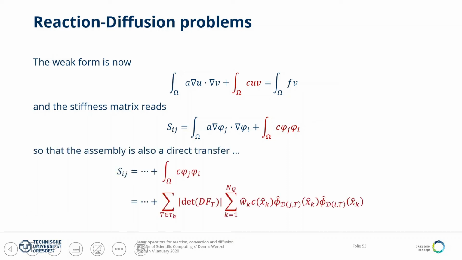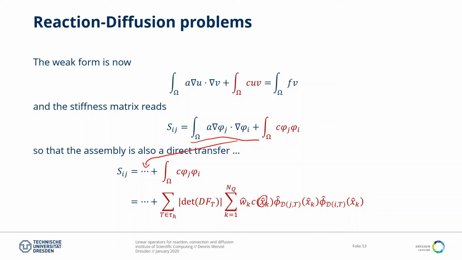And that assembly is also a direct transfer. So the first part that comes from here, that just stays the same as before. So I haven't noted this again. But then if you follow those steps that we have discussed before, then it again works in the exact same way. So you can just do your localization, you do the transformation of the integral, and you apply your quadrature rule.